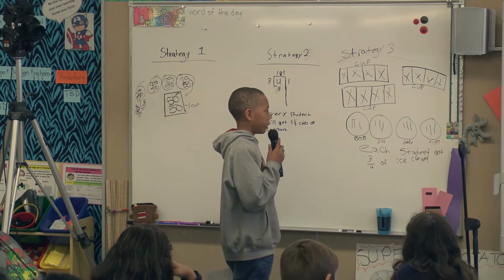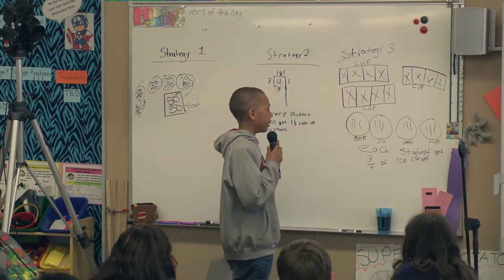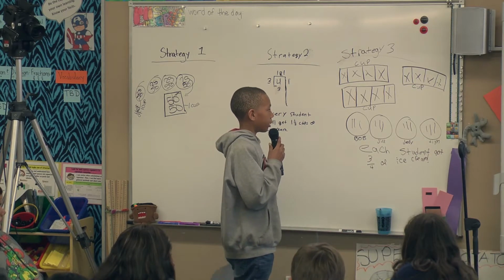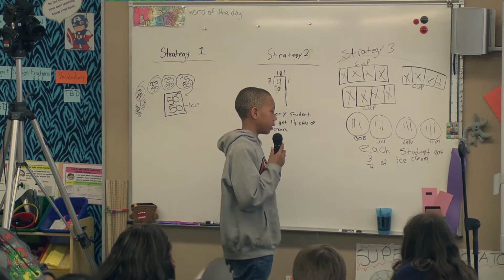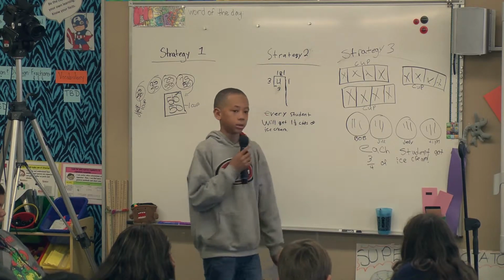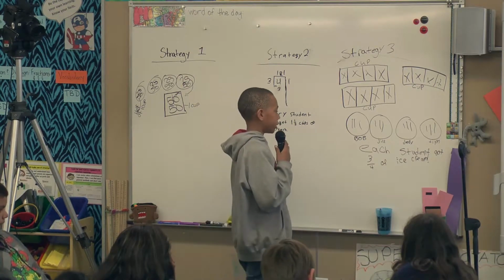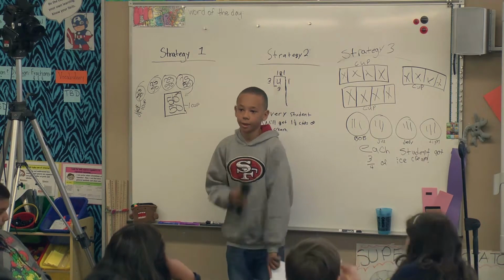Then I drew 4 students, and then I divided each part of the cup equally into each student. And each student got 3/4 of ice cream because there was 4 students, and each one got 3.